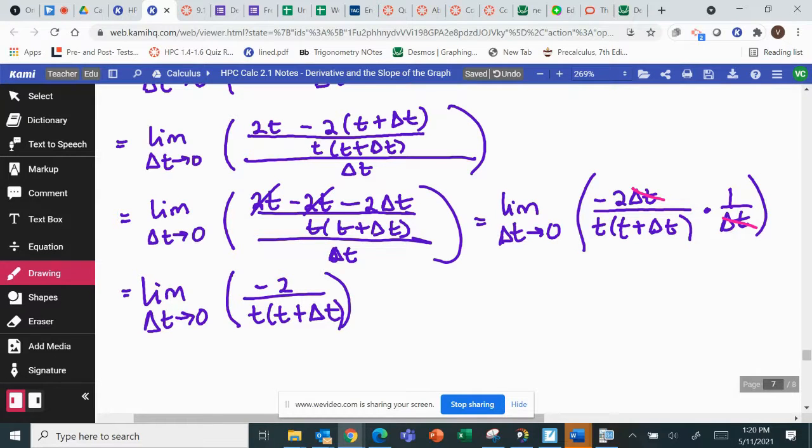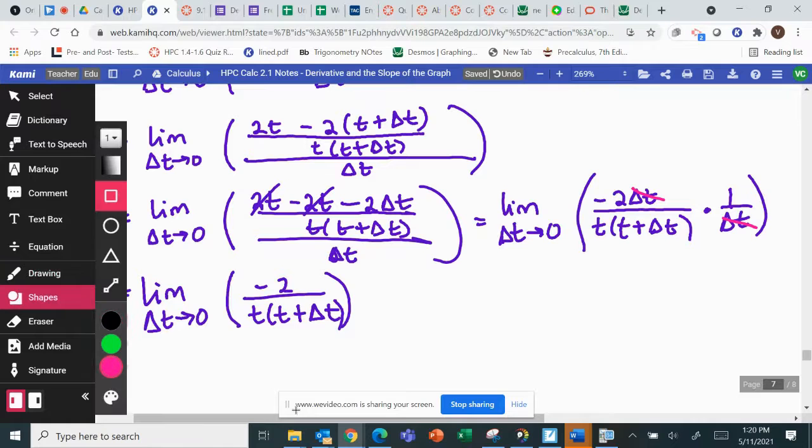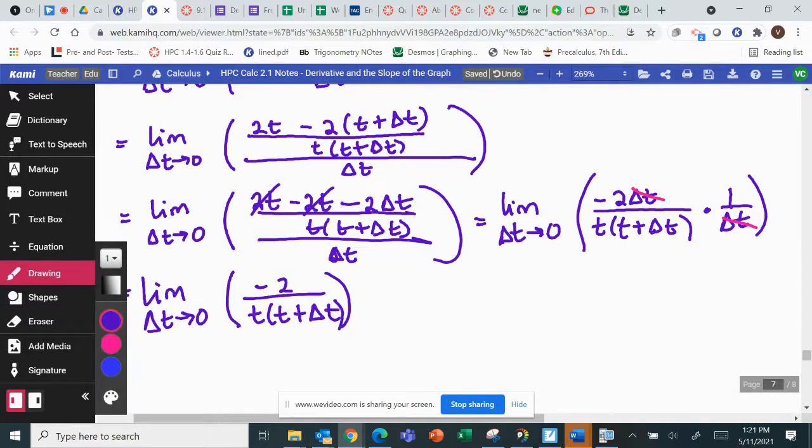No. So I can go ahead and take the limit at this point.